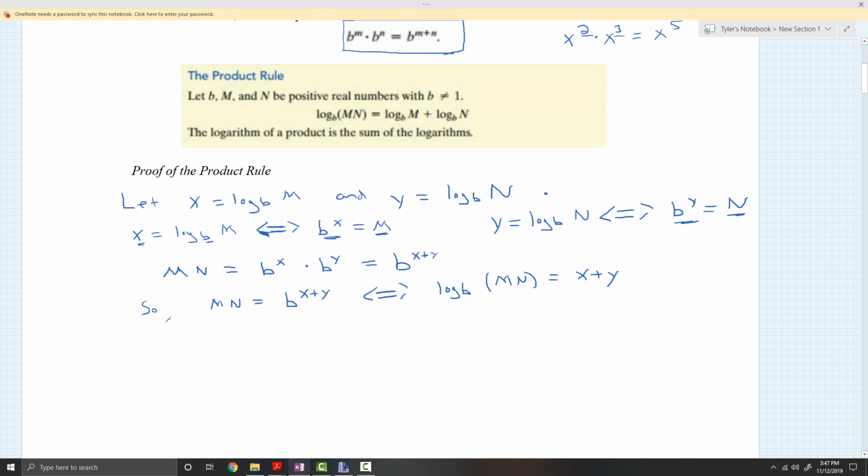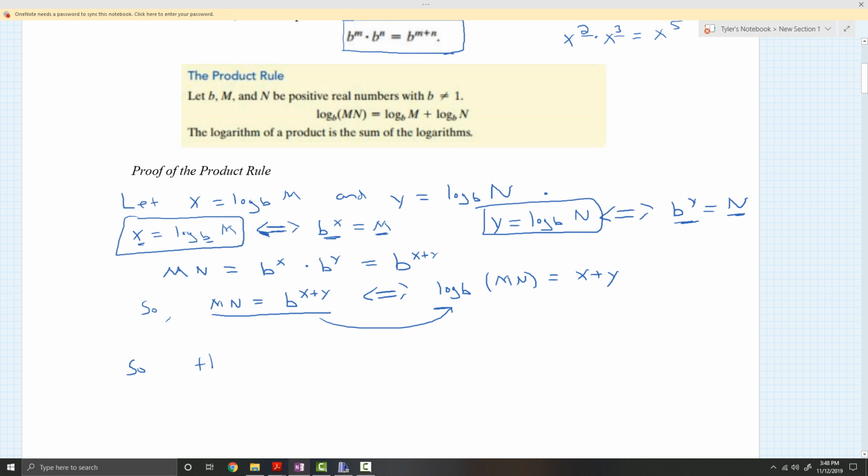So these two things are equivalent. I just took this expression in exponential form and rewrote it in the logarithmic form. So log base b of mn equals x plus y. Now I know what x equals from this, and I know what y equals here. I can plug those in for x plus y, and what we have is our rule.